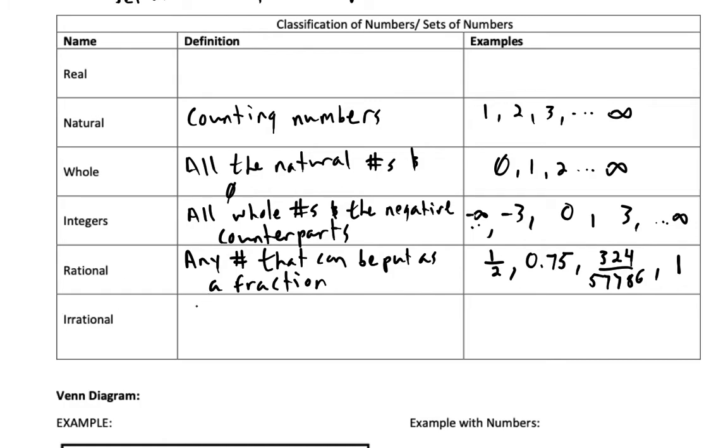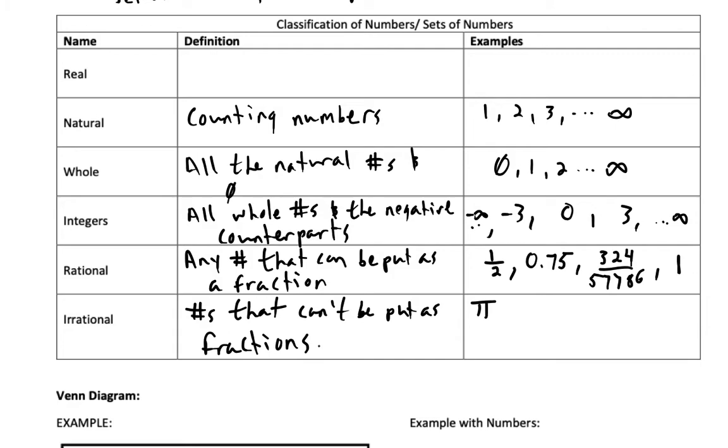All right, what about irrational numbers? These are numbers that can't be put as fractions. The most famous example of an irrational number is pi. Pi is a number that can't be put as a fraction.